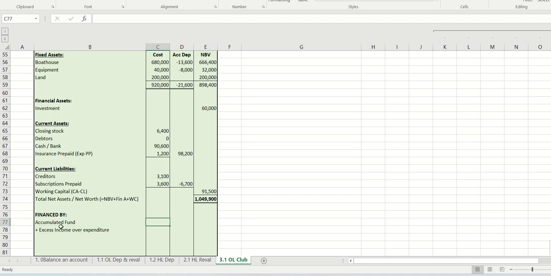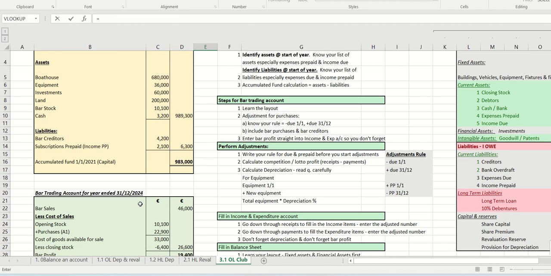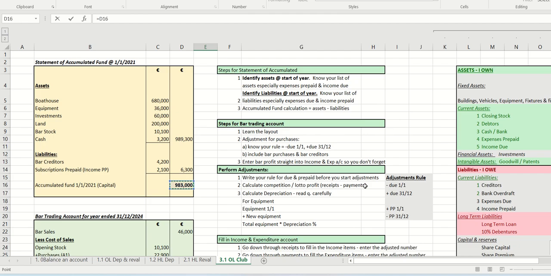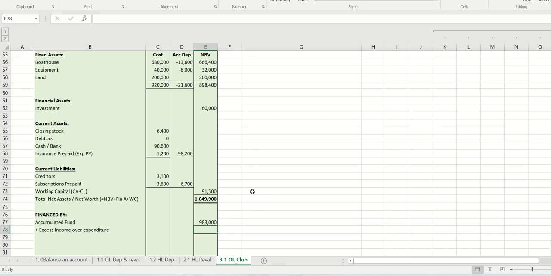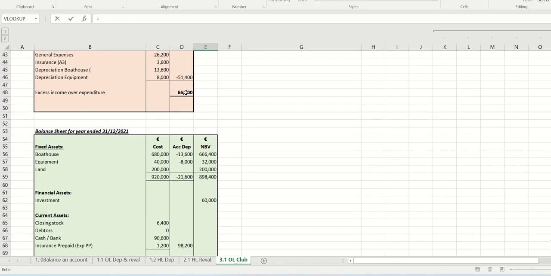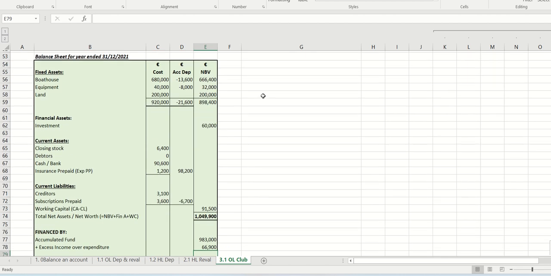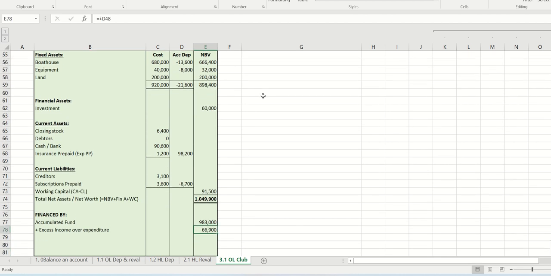So the profit, if it was a business, we'd be saying it was the profit that we made during the year. So you calculated these numbers. This one came from section A, the accumulated fund. So the 983,000 came from section A that we did. And then we calculated the excess income over expenditure when we did the income and expenditure account earlier.